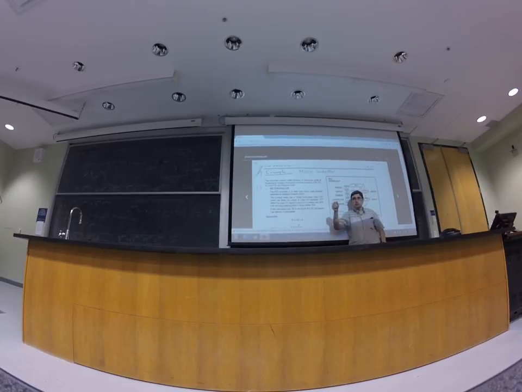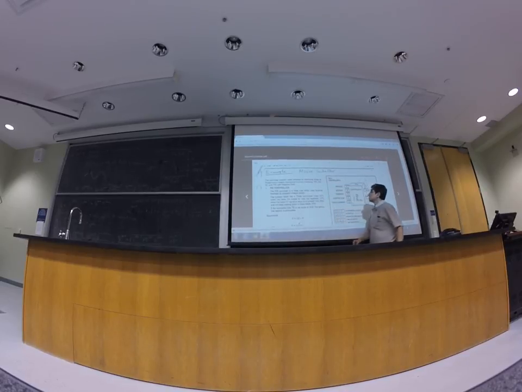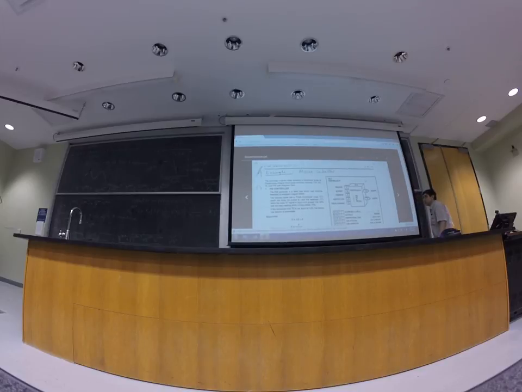And it has screws for connecting wires. And you see here the signals that are external to the box where you can connect wires.